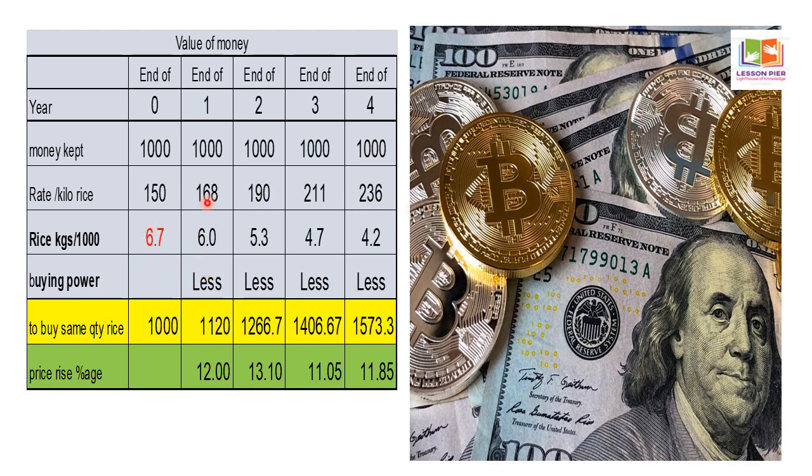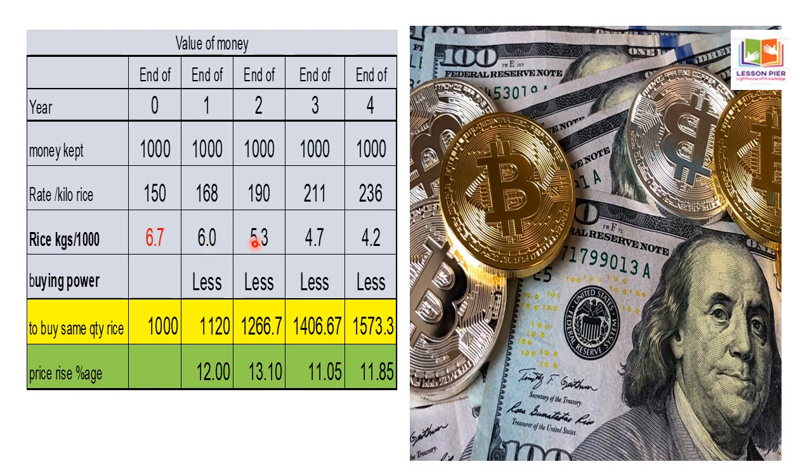Now with this current rate, you have this 1000 rupees in your box. How much can you buy at the end of every year? Same 1000 rupees in your box. In a rounded value, we get 6.7 kilos at the end of year 0. Got it?